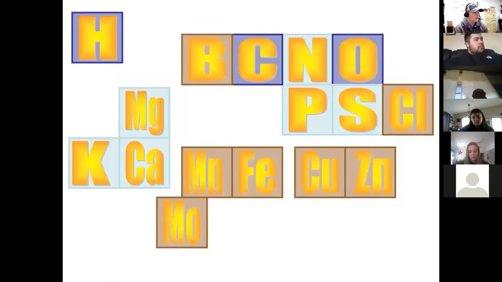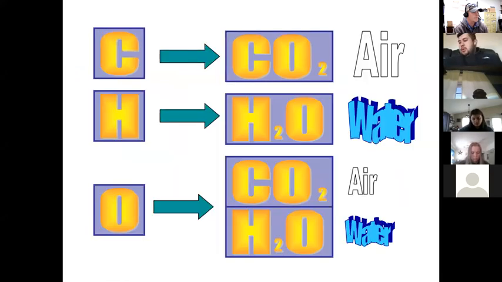Now let's split these up into a couple different things, okay? First of all, these three right here are derived from water or the air. So carbon, hydrogen, and oxygen, these aren't anything that we have to add to the plant. This is something that the plant gets for free, either from the air, so they get CO2, through the photosynthetic process. They can get hydrogen through the water, and then oxygen can be had through either the air or the water.